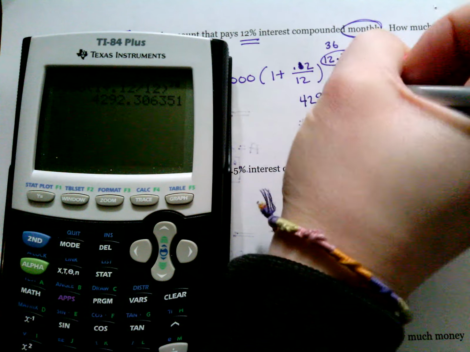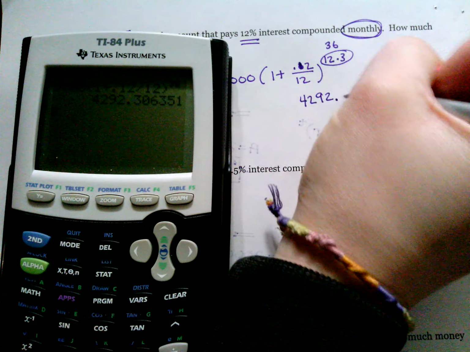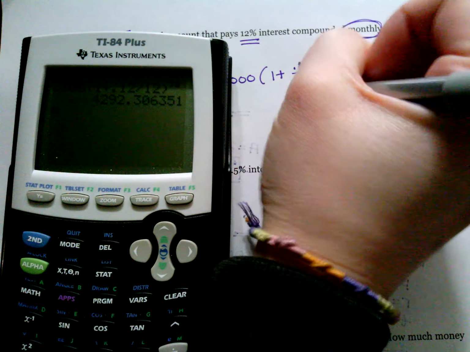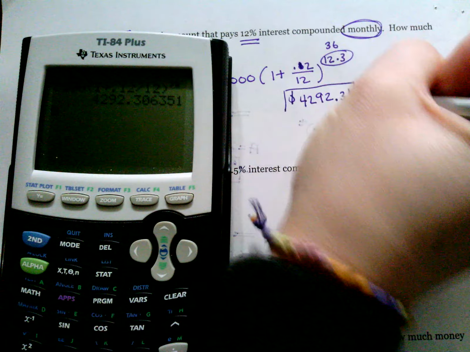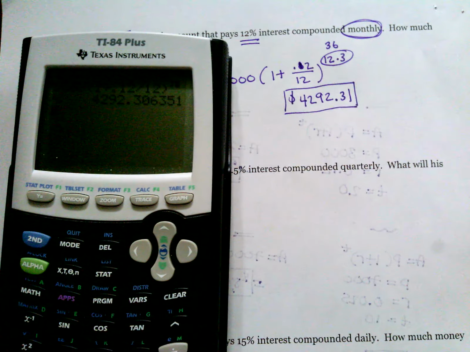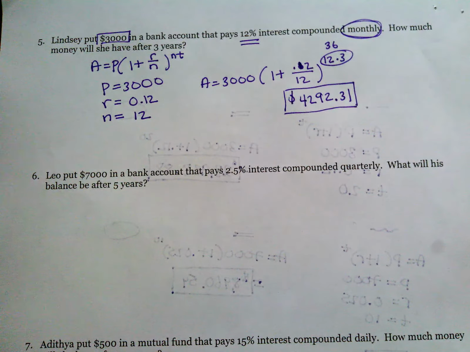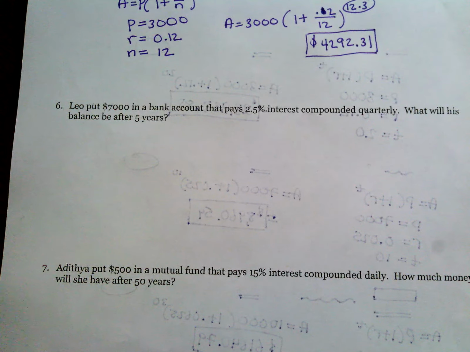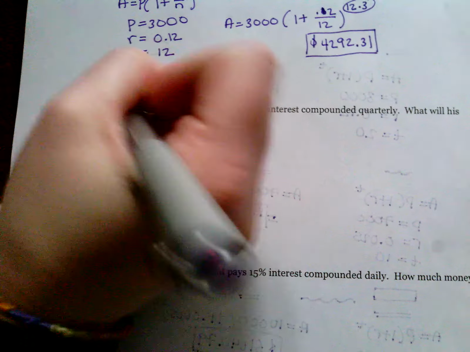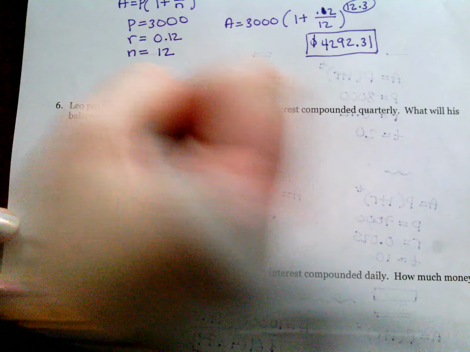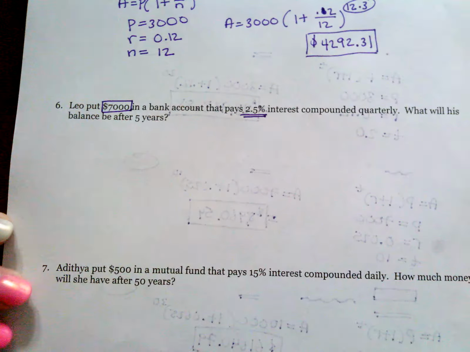Leo put $7,000 in a bank account that pays 2.5% interest compounded quarterly. What will his balance be after 5 years? So A equals P times, and again, we're not doing this annually anymore, so it's 1 plus R over N to the power of NT.